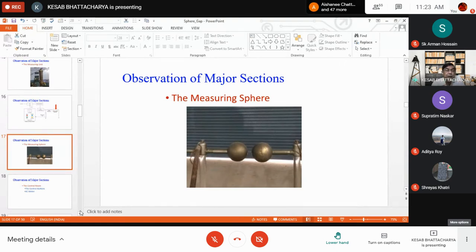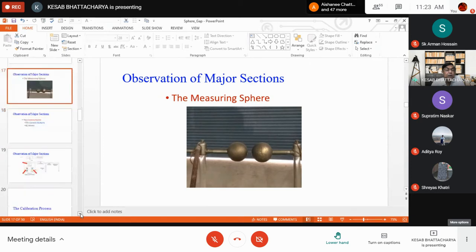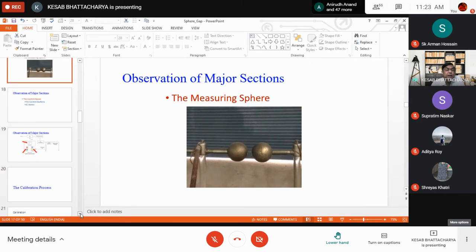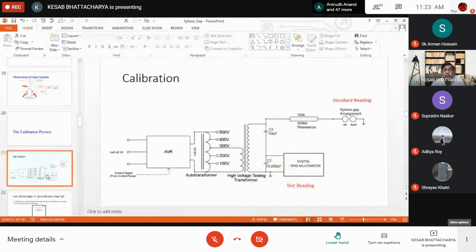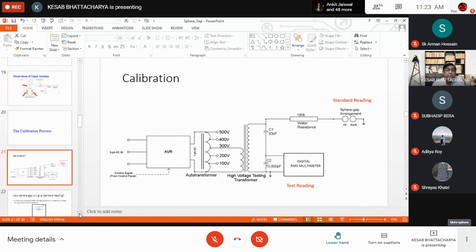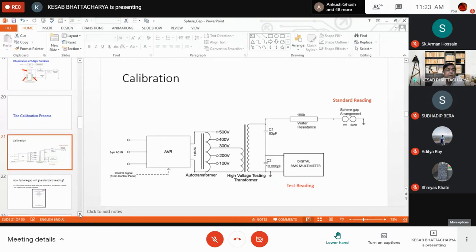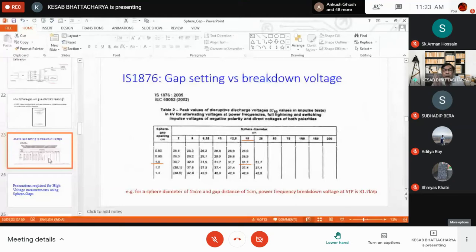Now again, going back to the main circuit diagram and the IS specification. For example, this is the scanned copy of one page of the IS specification, 1876-2005.